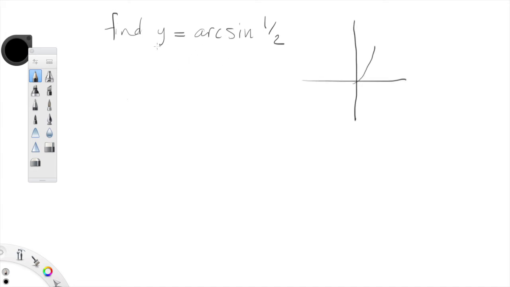Alright, so let's do example 1. Find y if y equals arcsine of 1 over 2. You just have to ask yourself, what's the radian measure where the sine is 1/2? That value is 30 degrees, which is the same as pi over 6.